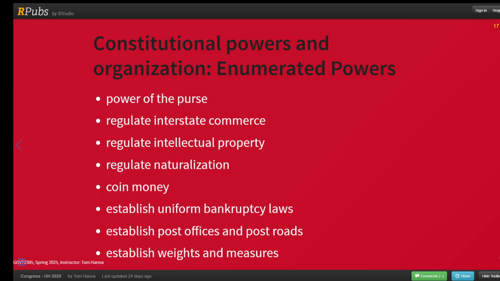Establishing uniform bankruptcy laws. So bankruptcy laws are all about somebody gets in debt, they can't pay it off, they're going to discharge their debt without paying it. Usually their assets are going to be sold and given to the creditors. So this is a pro-debtor thing, but it also makes it easier for creditors, so that it makes it easier for the banks to do business because they know under what conditions the people can get out of paying their debts.